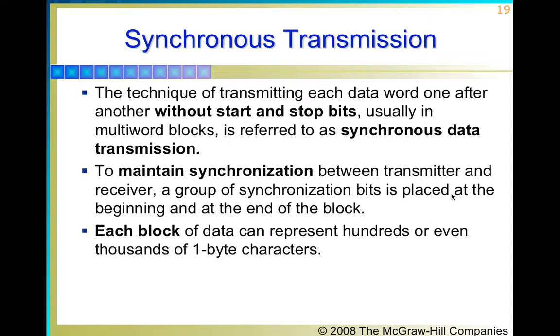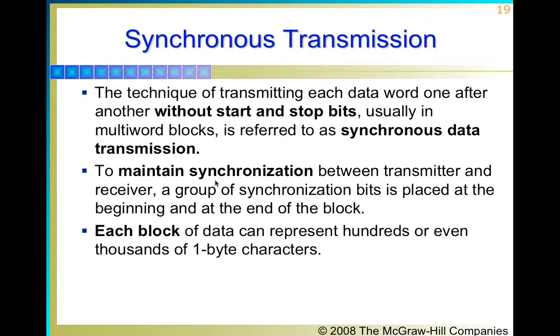Another category of transmission is the synchronous transmission, which sends the information without the start and stop bits. Over here, we maintain the synchronization between the transmitter and the receiver by sending synchronization bits at the start of the information as well as at the end of the information.